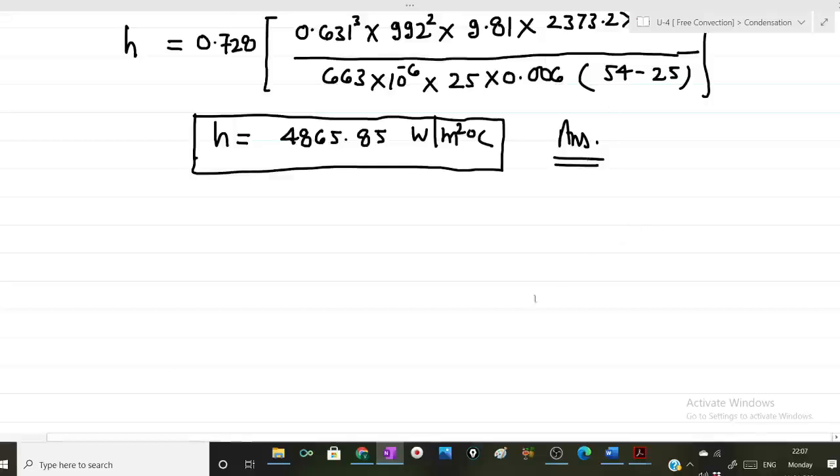Average convective heat transfer coefficient for steam condensing over the horizontal tube is 4865.85 watt per meter square degree Celsius. Number 2 is mass flow rate of condensation.